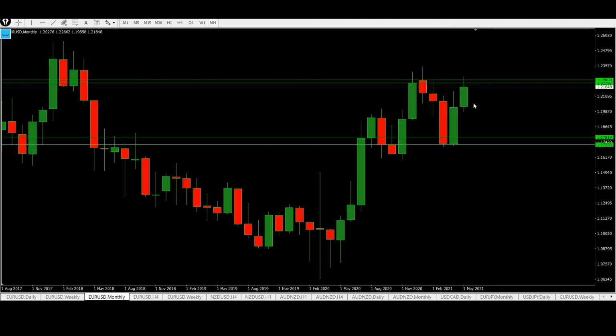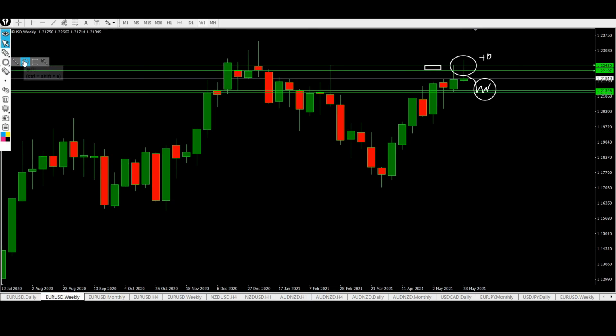As you can see on this monthly chart, there are no monthly gaps at that weekly pivot's level we were talking about. So in this case, we're simply going to use a weekly gap because it's the next strongest time frame. Let's go back to the weekly chart. Since there were no monthly gaps at this weekly pivot level, however, there is a weekly gap at this level.